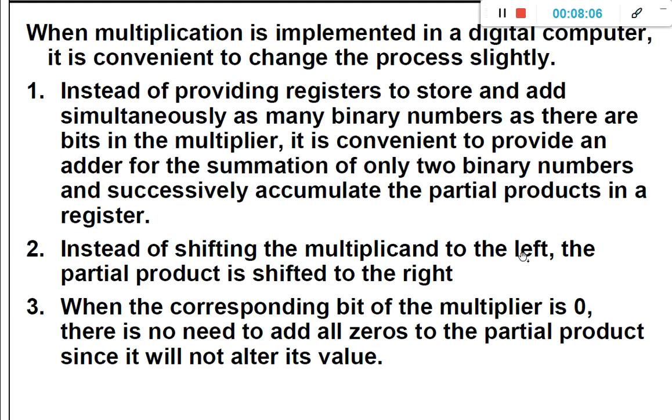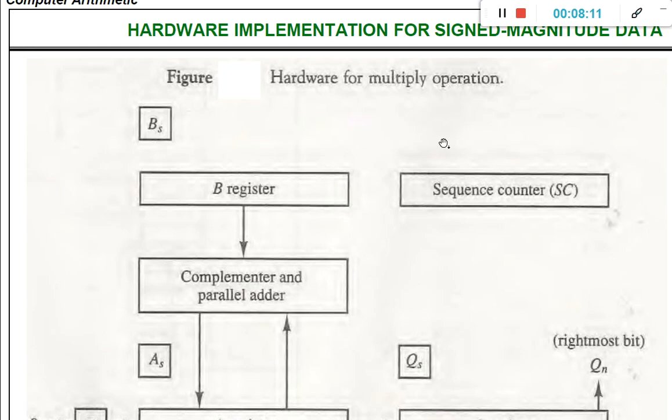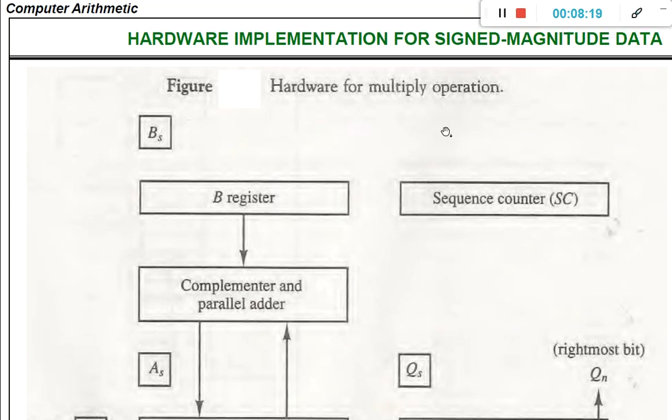To see how it works practically, let us take one simple example and verify. But before that, first let us see what hardware is required for performing the signed magnitude multiplication.